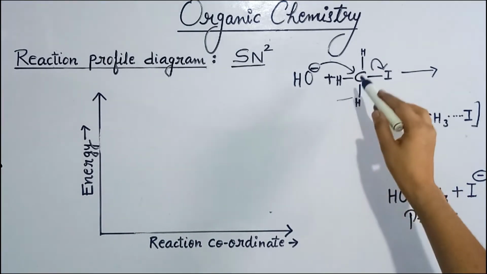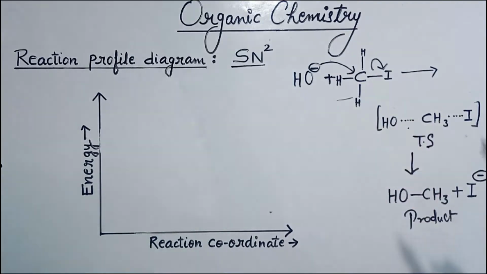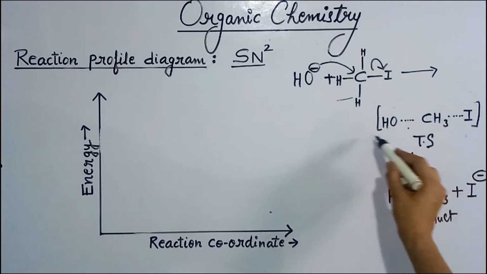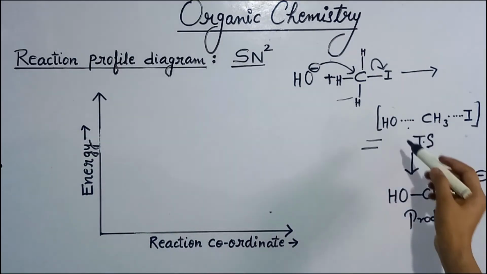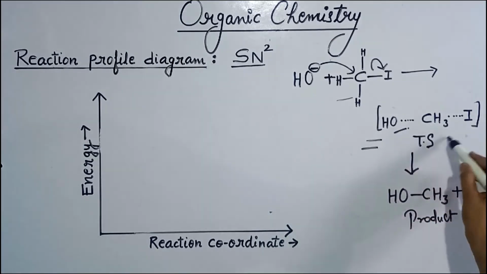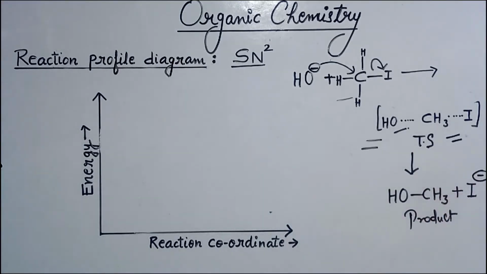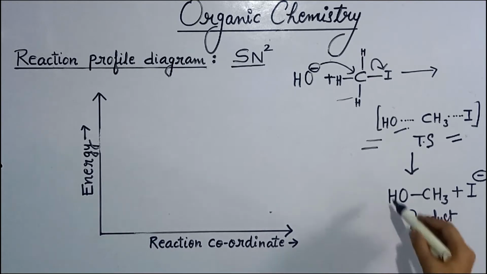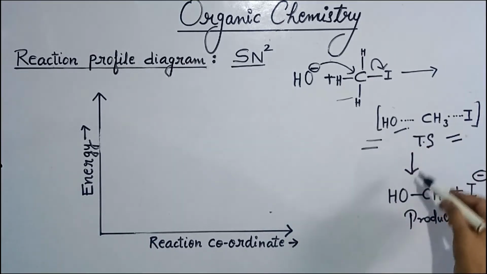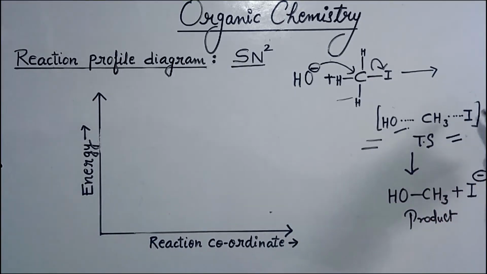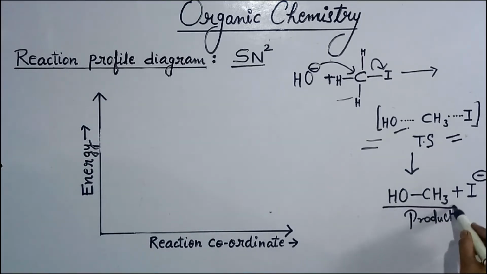Because there is less steric hindrance, it can do so. You can see this is the transition state in which bond formation and bond breaking occur in a single step. Now this bond will become stronger and the iodide is released. This is the final product. Let us study the reaction profile diagram.